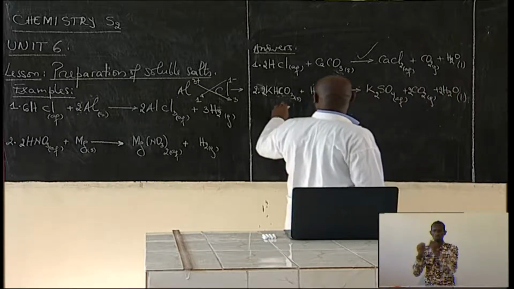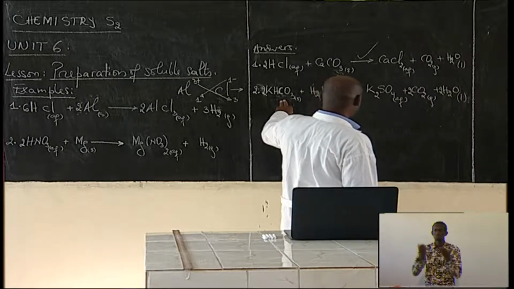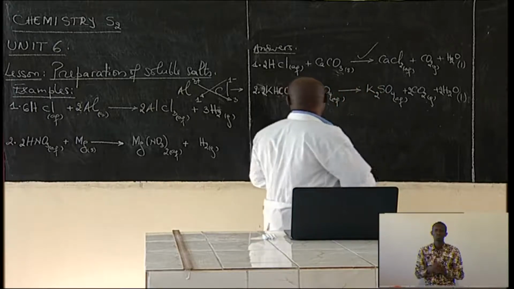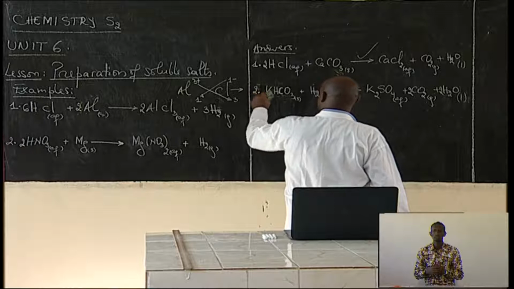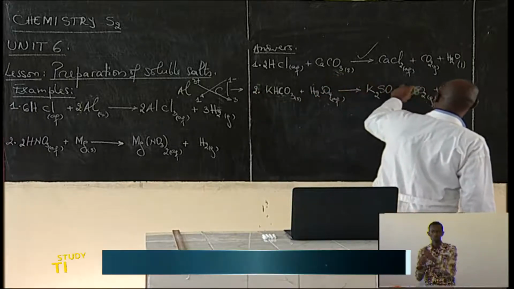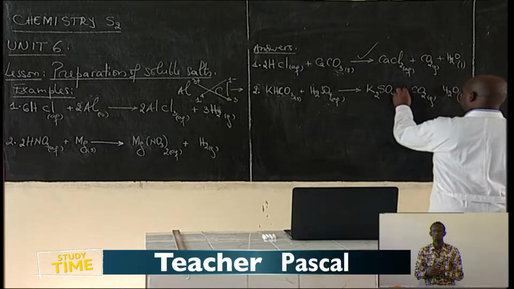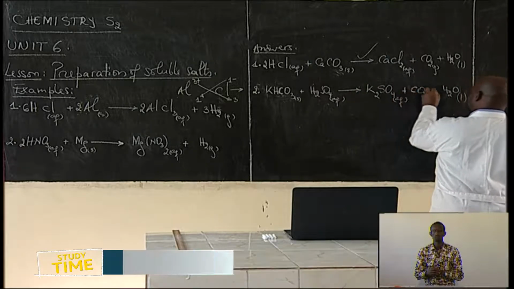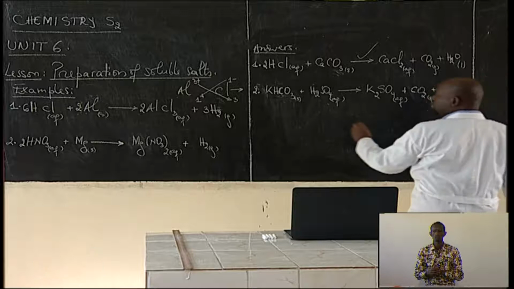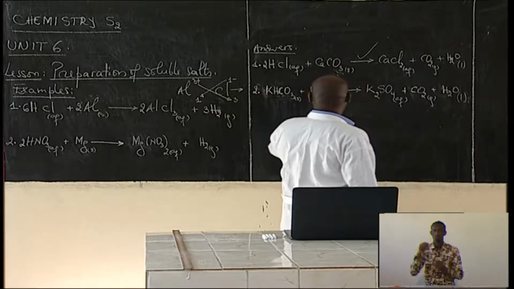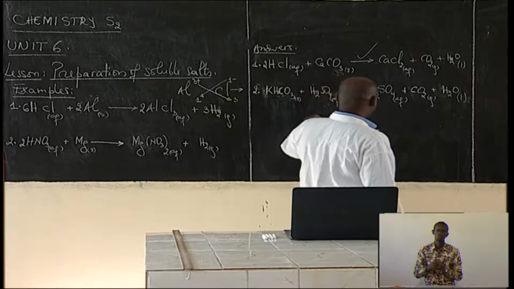So what we have here is not balanced. So we have to change this. We have 1 potassium, and here we have 2. And then what do we have to do?